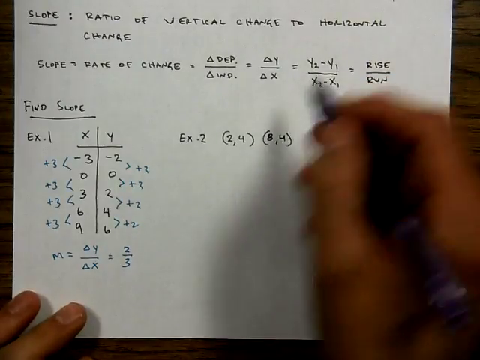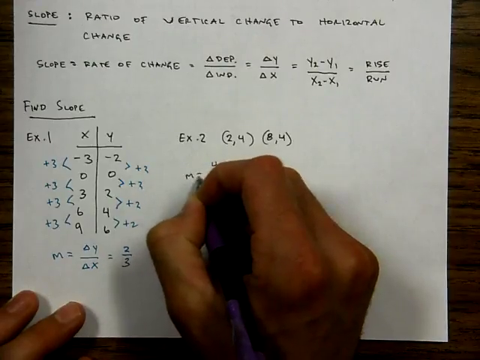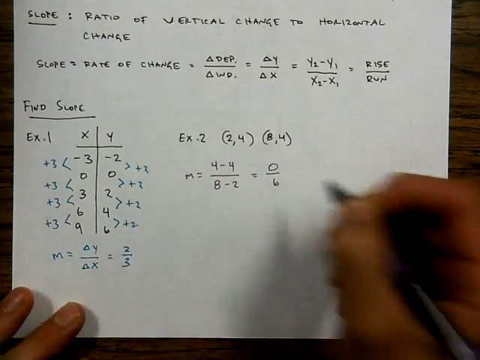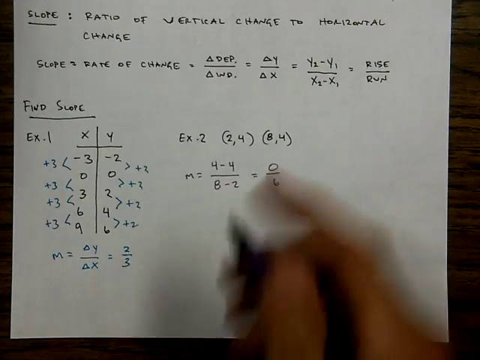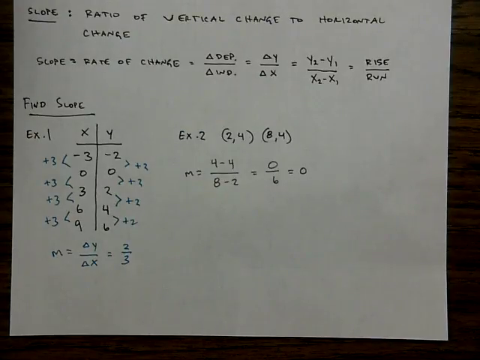But let me go ahead and use this formula. So y2 minus y1 over x2 minus x1. So what I get is 0 over 6. And so the question is, what the heck is 0 over 6? Because some of you, I'm sure, have forgotten at this point. 0 over 6 is not undefined. It is 0. So the slope here is 0.